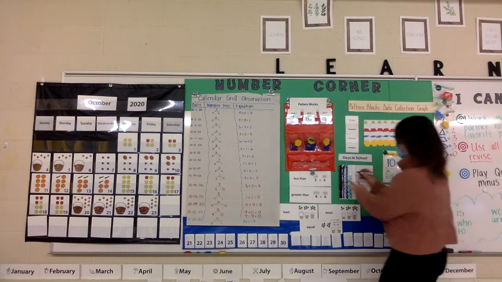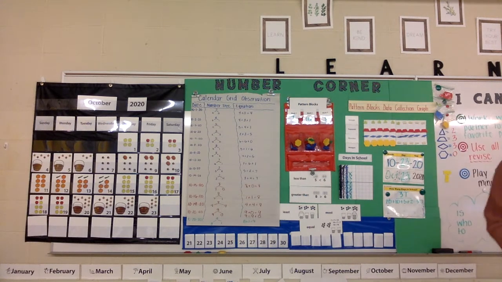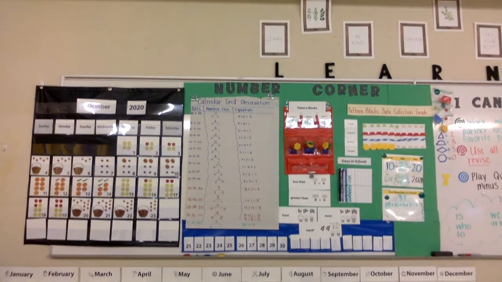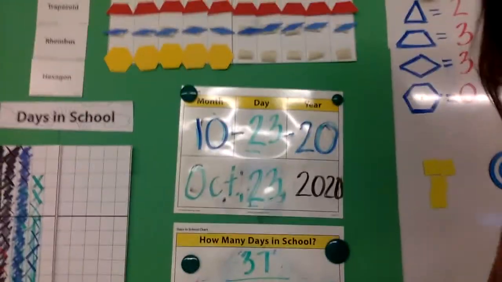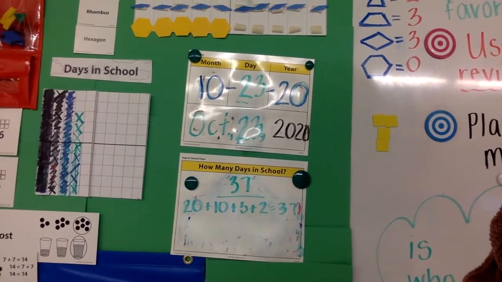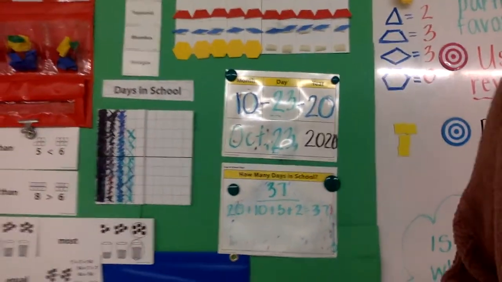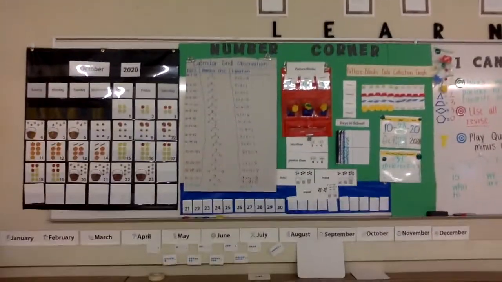What about our days in school? I just added another X. I'll bring the computer a little bit closer for my friends at home. Take a look. How many days in school? It's my same friends that keep raising their hand.